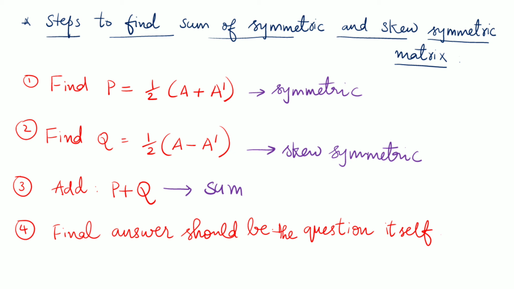And after getting these two matrices you have to add P and Q, that is, find the sum of P and Q. And the interesting part is you can check by yourself whether your method is correct, whether you get the right answer or not. The final answer should be the question itself. So when you add these two matrices you will get the question itself, so you can be very sure about the answer.